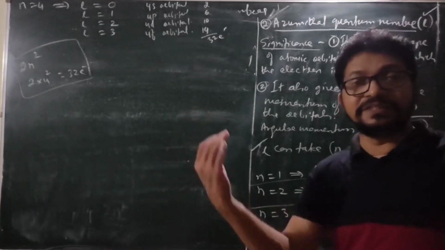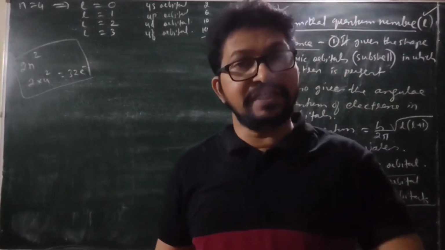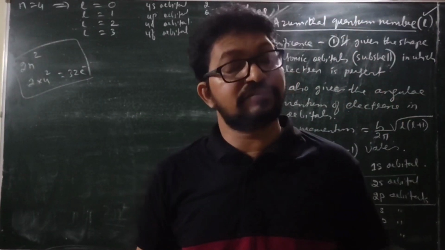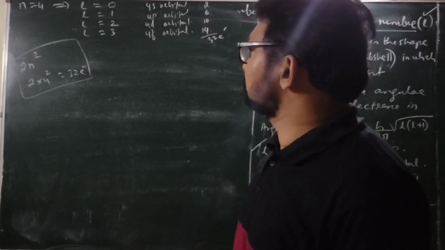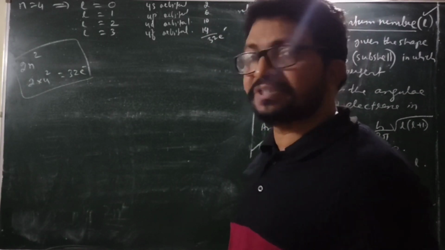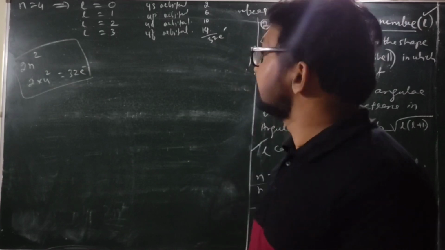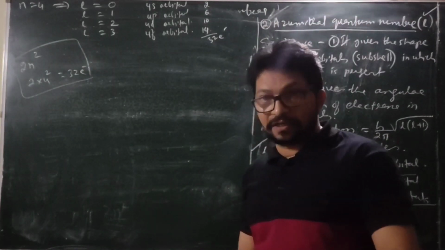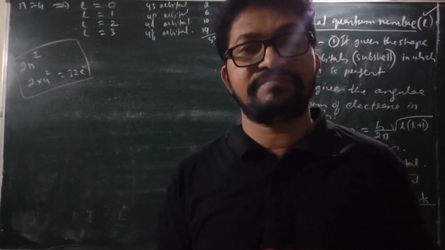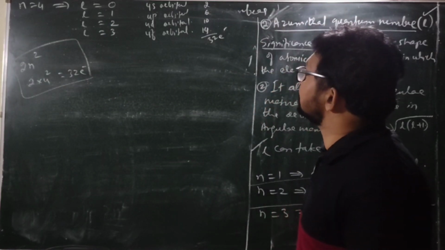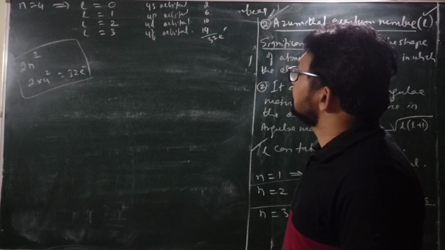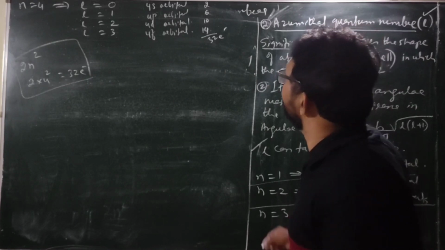Because I have been given an address, n equal to 4, this is like the district address, think like that. Then 32 electrons. Now they said L equal to 3, like a taluk address is also given. Then what to do? I started searching by the L value.